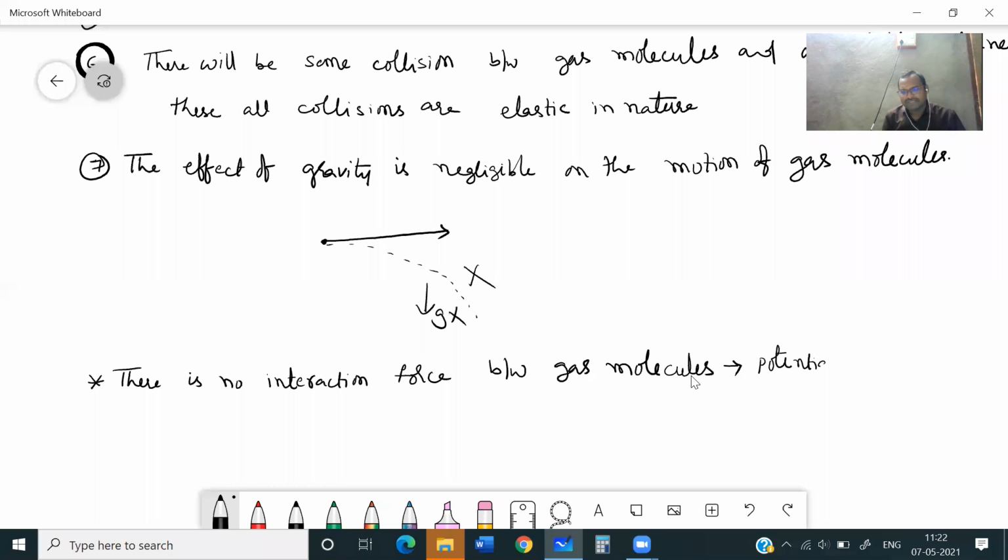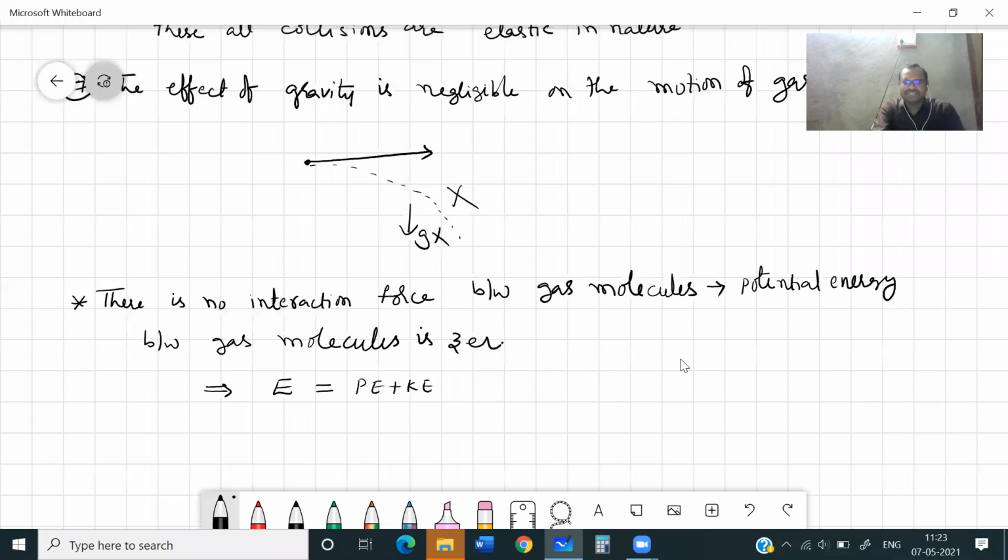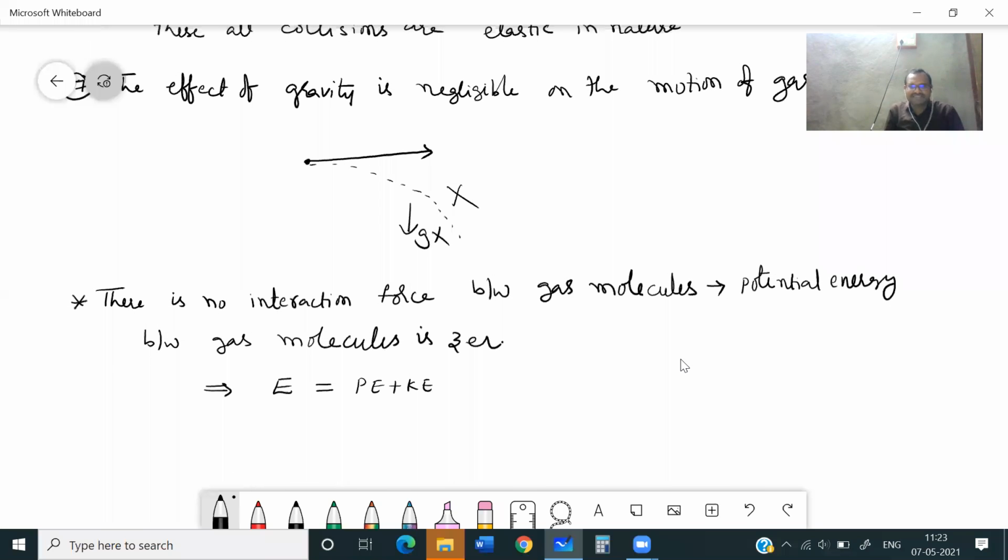Potential energy between gas molecules is 0. That implies energy of gas molecule is potential energy plus kinetic energy, but because potential energy is 0, total energy of gas is only due to kinetic energy of gas molecules.